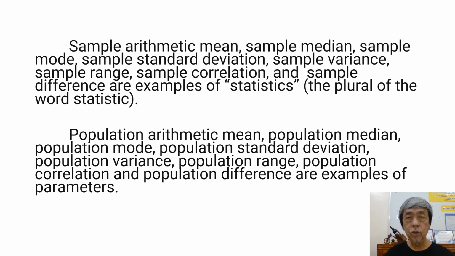The plural of the word is statistic. Population arithmetic mean, population median, population mode, population standard deviation, population variance, population range, population correlation, and population difference are examples of parameters.